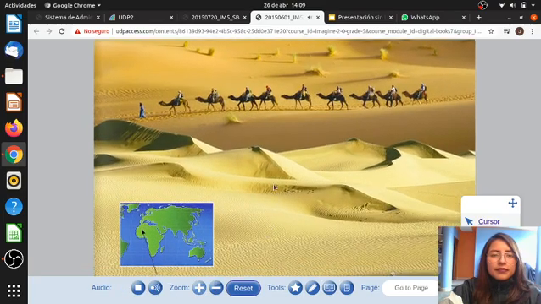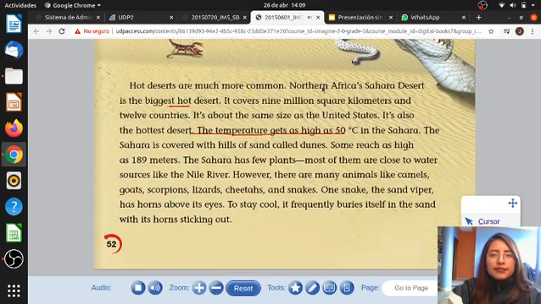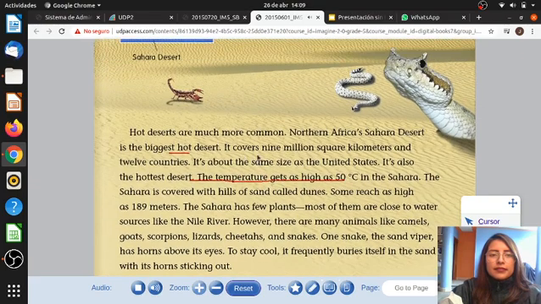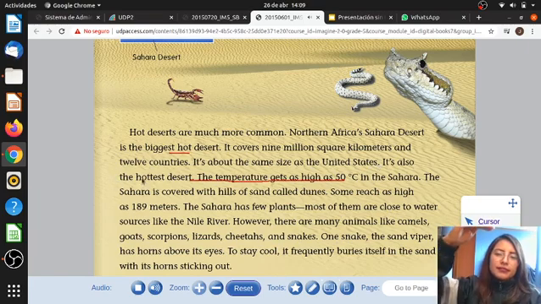Hot deserts are much more common. Northern Africa's Sahara Desert is the biggest hot desert. It covers 9 million square kilometers and 12 countries. It's about the same size as the United States. It's also the hottest desert. The temperature gets as high as 50 degrees Celsius in the Sahara. The Sahara is covered with hills of sand called dunes.